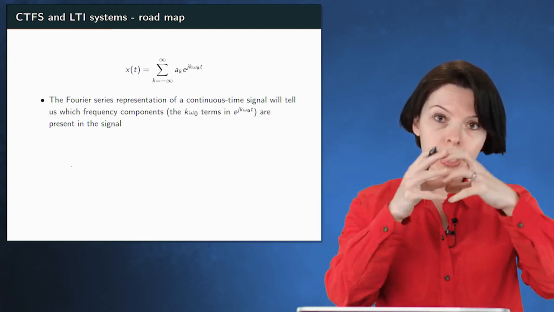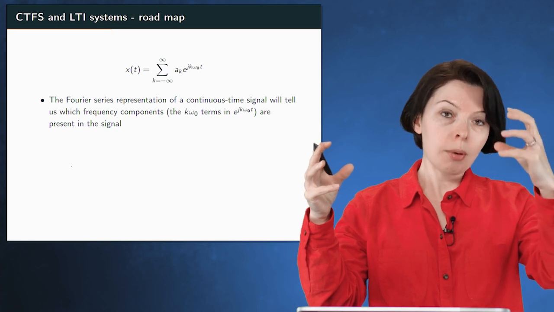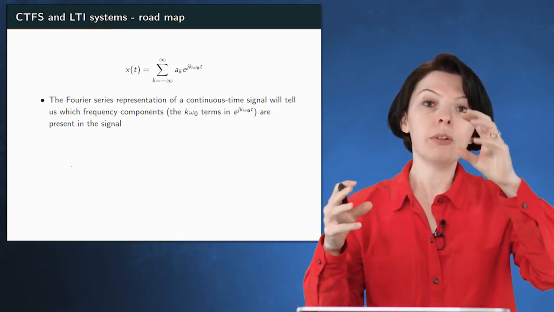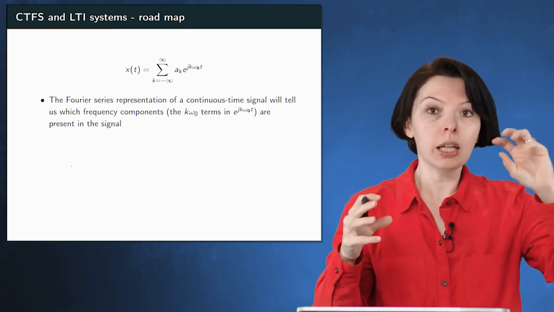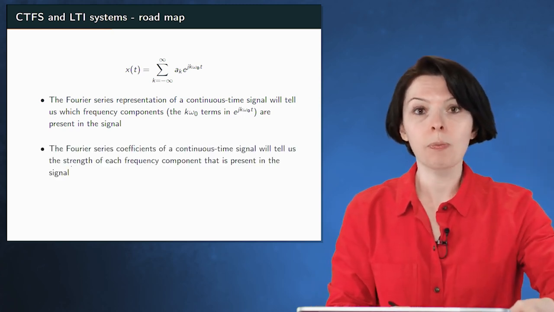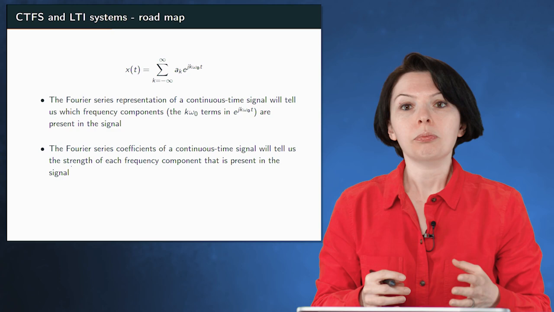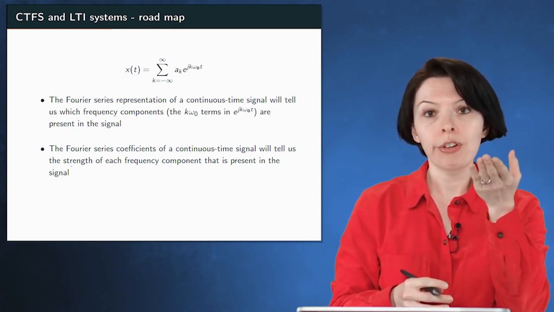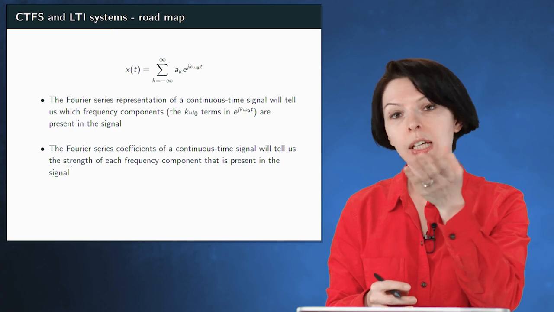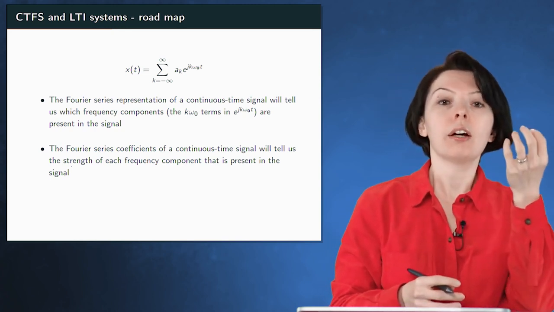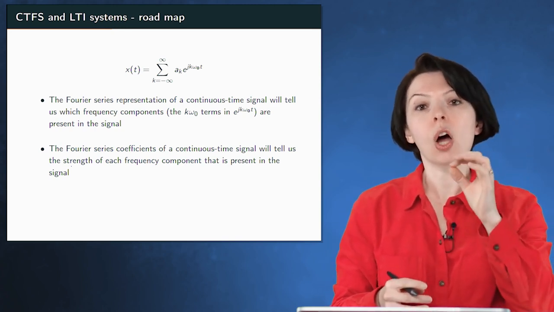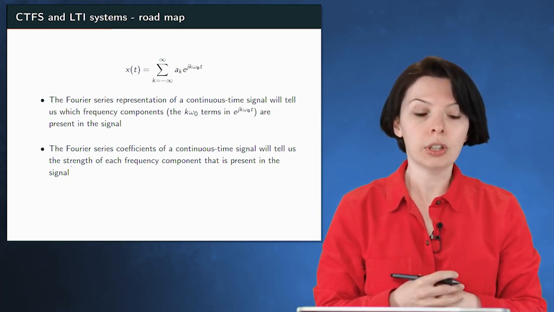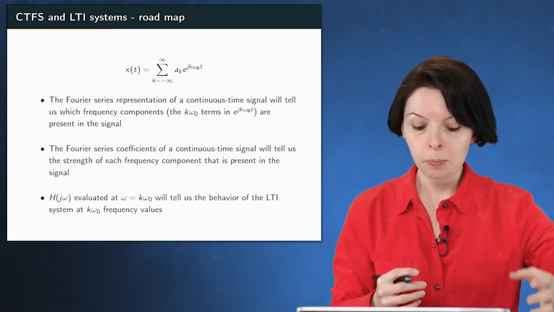So if I write the Fourier series representation, I'm going to see which a_k components are there, and that's going to tell me which frequency components exist in my x of t. Now, the Fourier series coefficients of any continuous time signal are going to tell us the strengths of each frequency component in the given input signal.